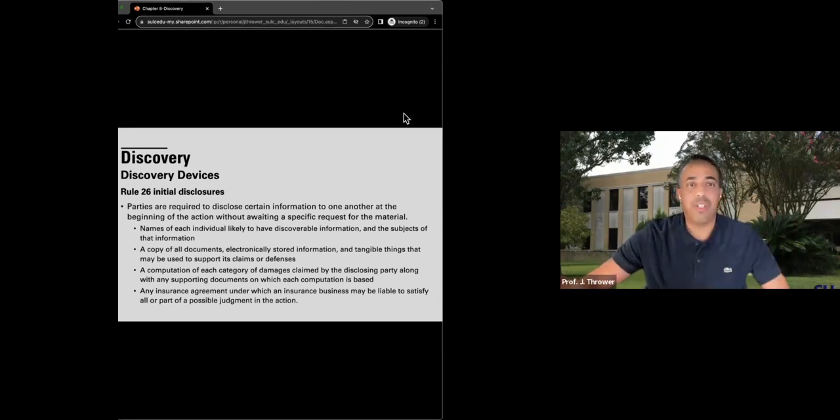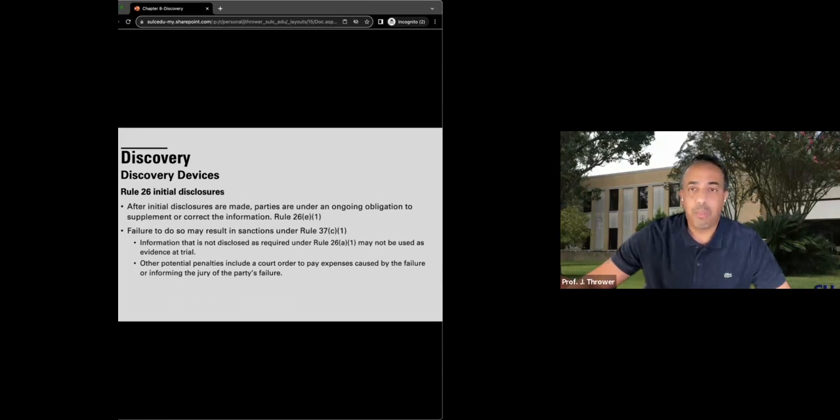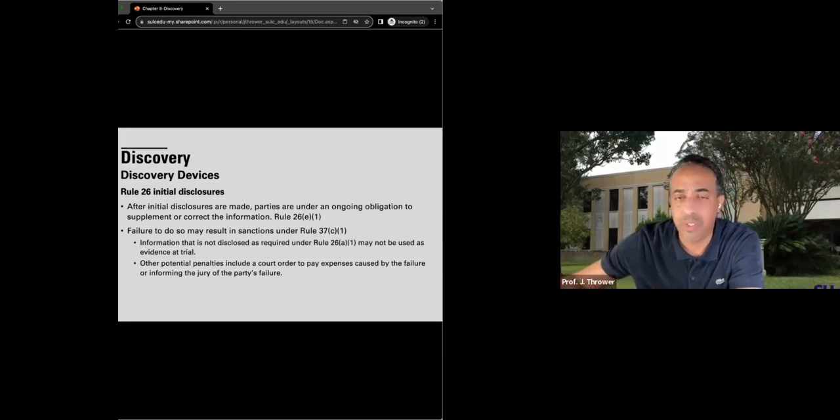And so after these initial disclosures are made under Rule 26, the parties have an ongoing obligation to supplement or correct any information as relates to these initial disclosures. Rule 26(e)(1) provides for this ongoing obligation.